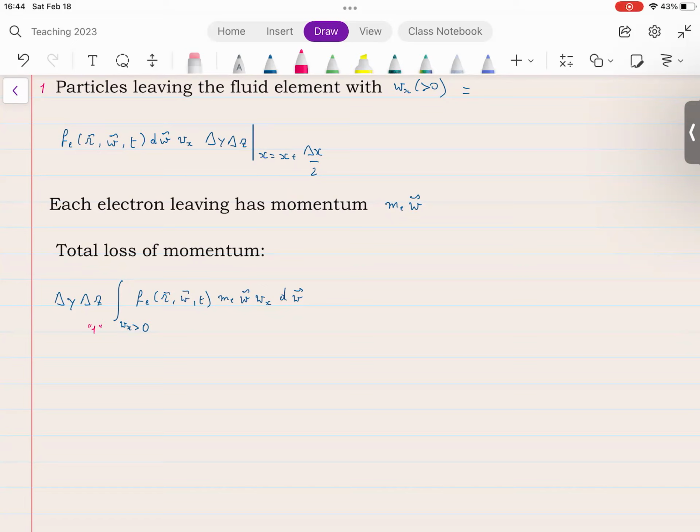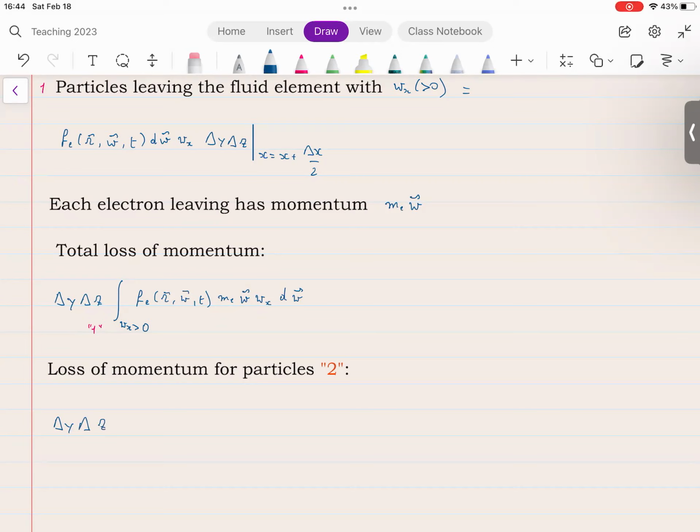Therefore, the loss of momentum for particles 2, let's put in quotation marks, is going to be the same integral. Delta y times delta z.